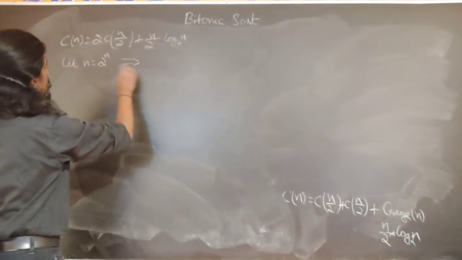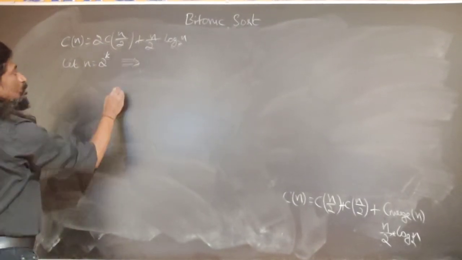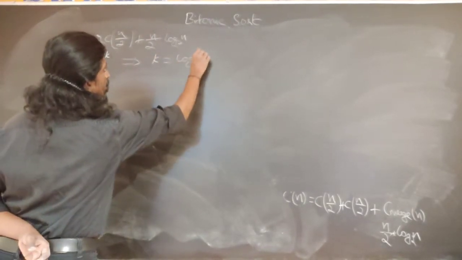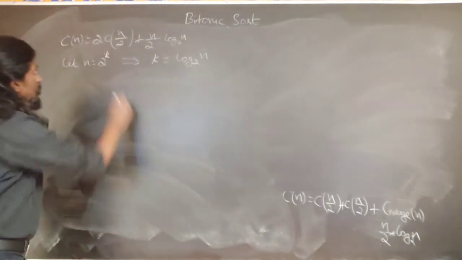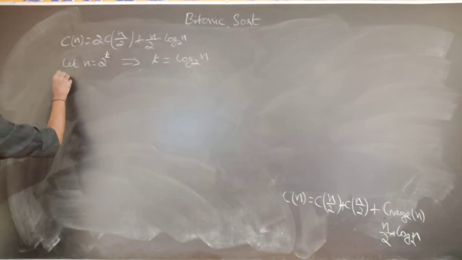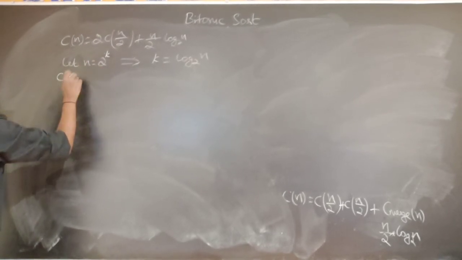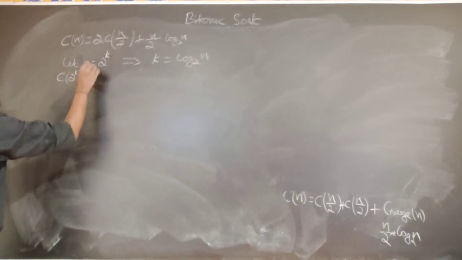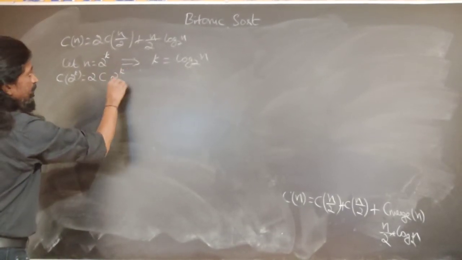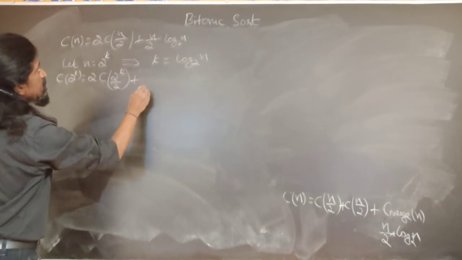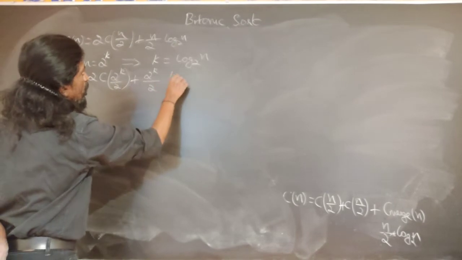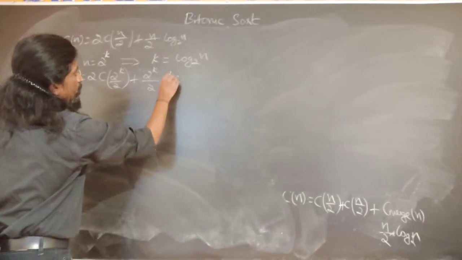This implies that n is equal to 2 to the power of k. This implies that k is equal to log n to base 2. Now we will substitute accordingly, therefore this expression becomes easier for us to solve. C of n is C of 2 to the power of k, which is equal to 2 times C of 2 to the power of k by 2 plus 2 to the power of k by 2 times log n to base 2, which is nothing but k.